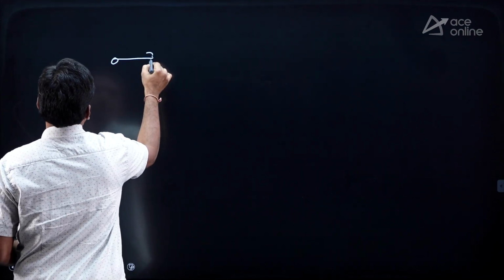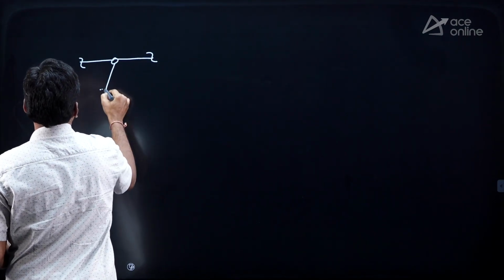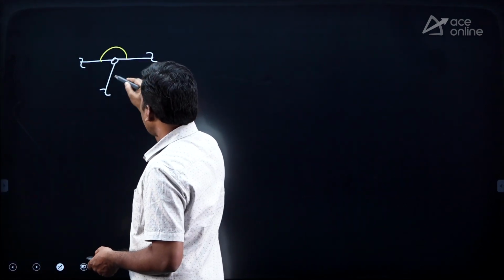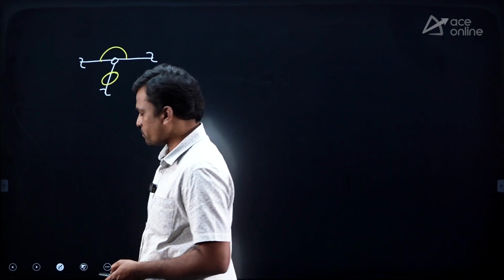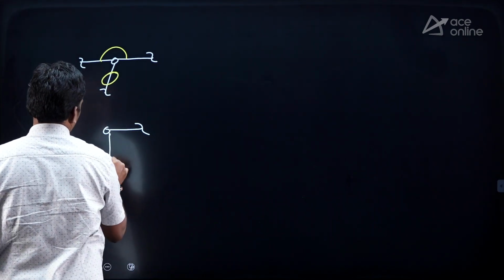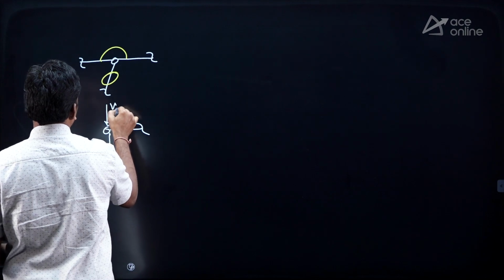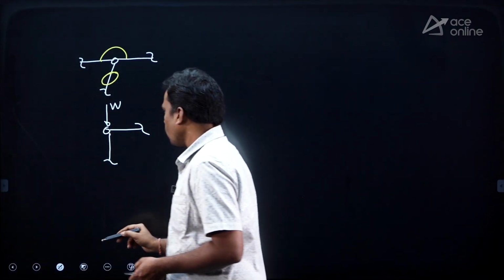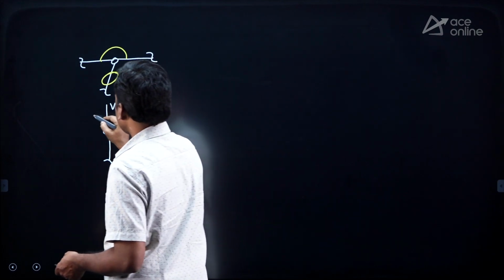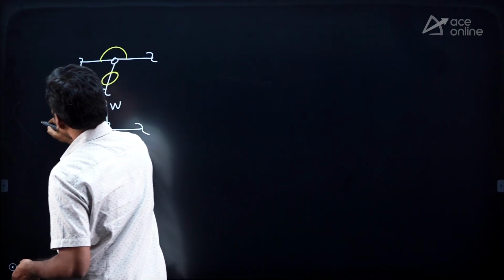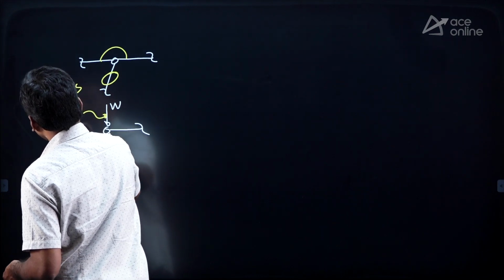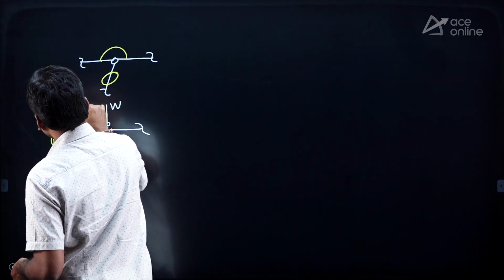At the pin joint, if the number of members are 3, out of 3, these 2 are collinear, then force in the third member is 0. And if any external load is acting here, I told you loads and reactions we will treat as members.